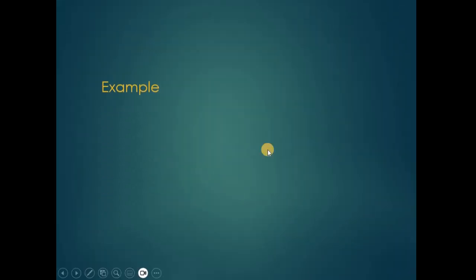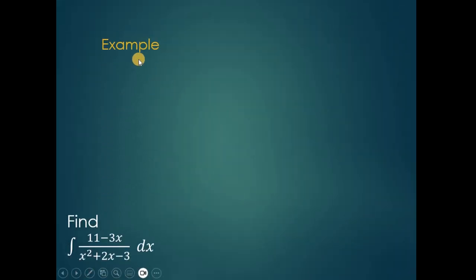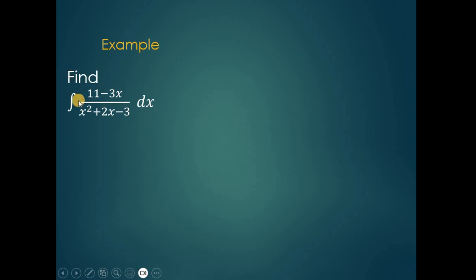We are going to have our first example whereby we are going to find the integral of 11 minus 3x over x squared plus 2x minus 3 with respect to x.